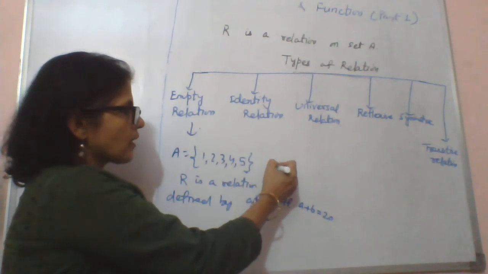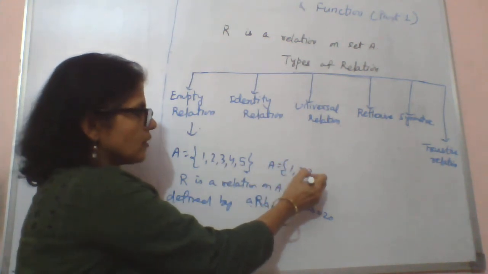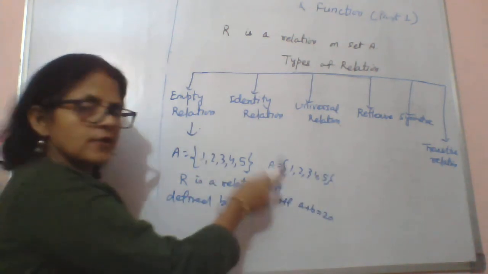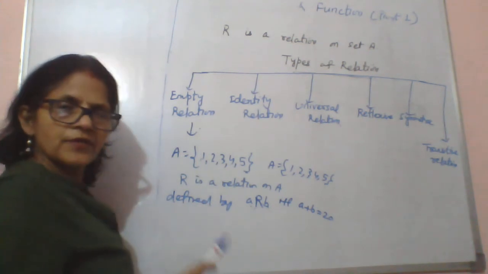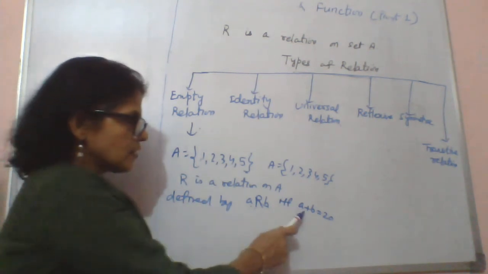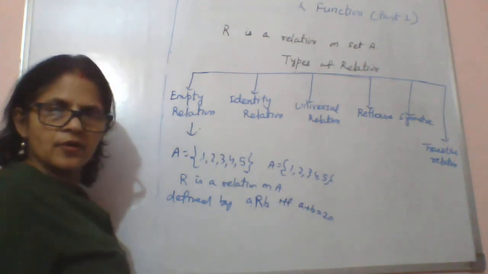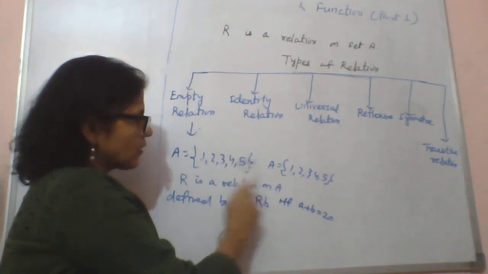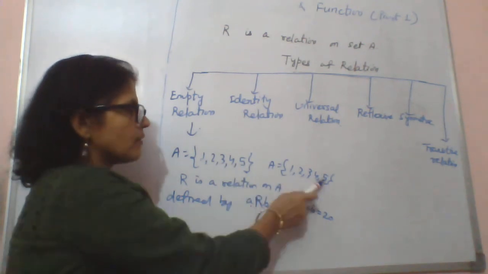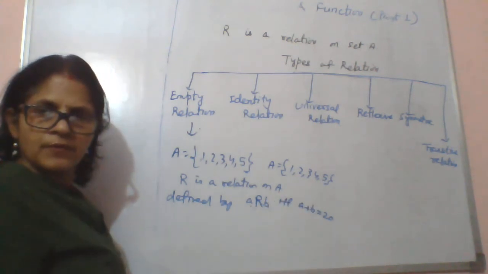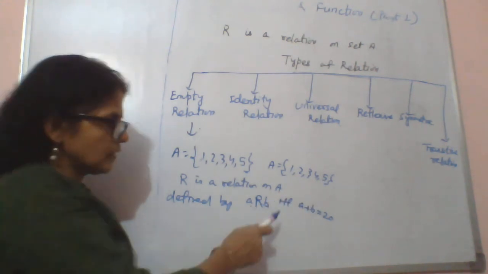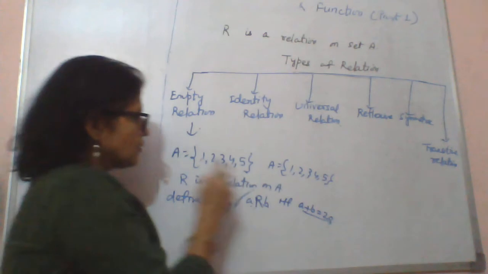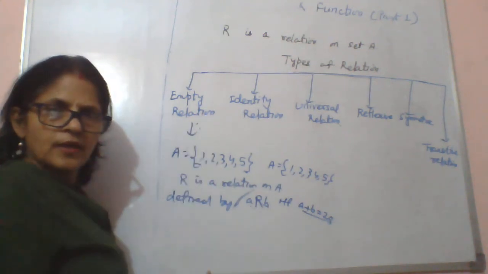R is a subset of A × A, and in none of the ordered pairs will the sum of first component and second component be 20. See (1, 1), (1, 2), (1, 3), (1, 4), (1, 5). The maximum you will get is (5, 5), meaning 5 + 5 = 10. So in none of the cases will you get a + b = 20. In this case, the relation is an empty relation.